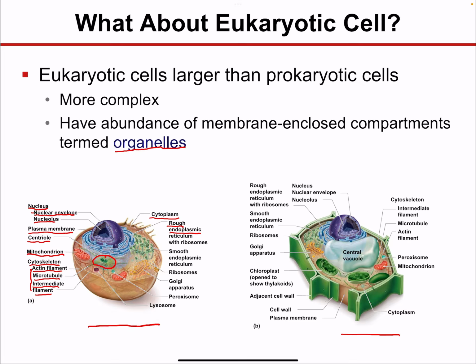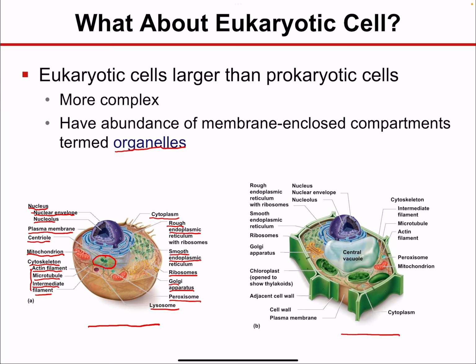And the smooth endoplasmic reticulum, okay? They don't all have the same function. We have the ribosomes, whose function is going to be protein synthesis. We have the Golgi apparatus. We have the peroxisomes. We have the lysosomes.